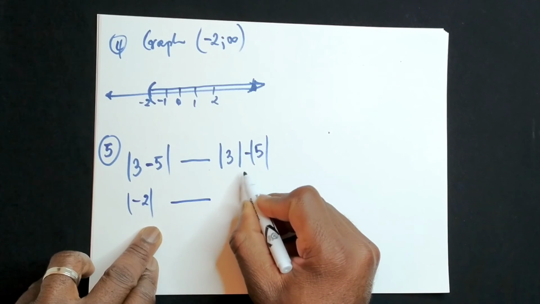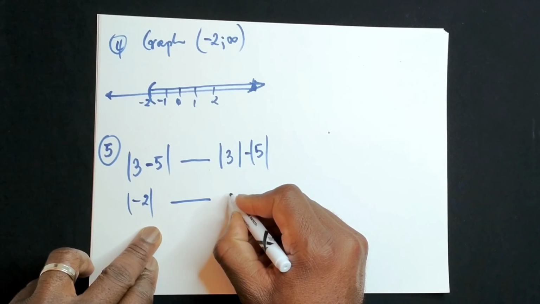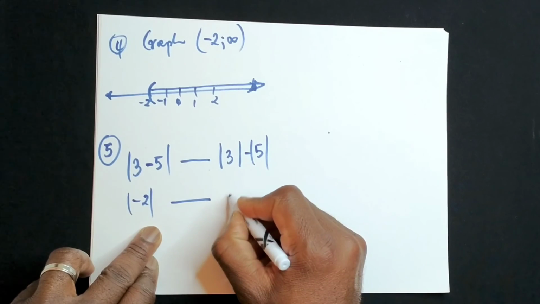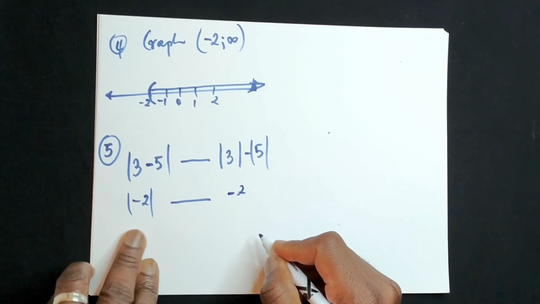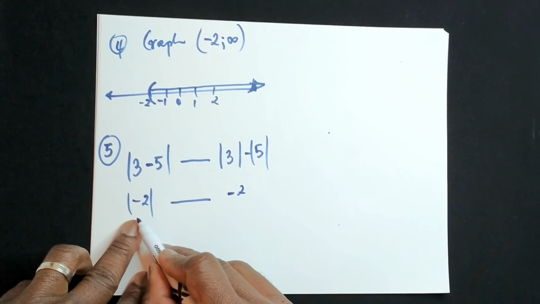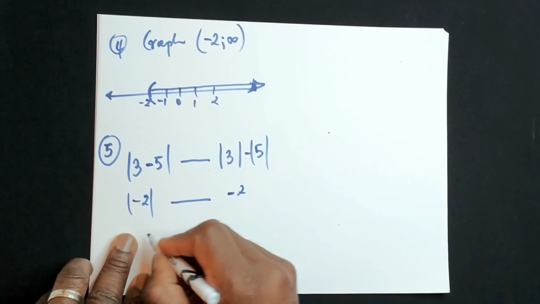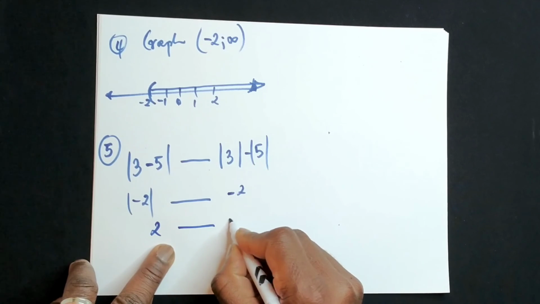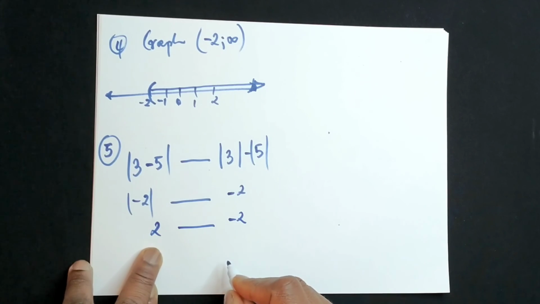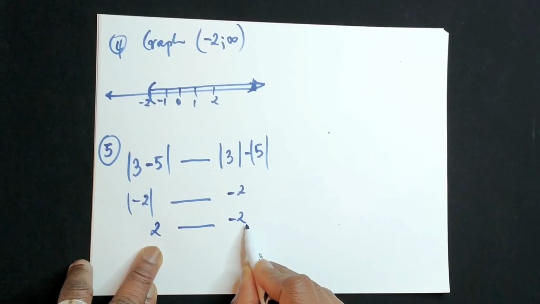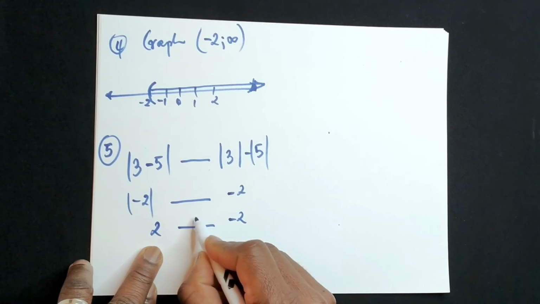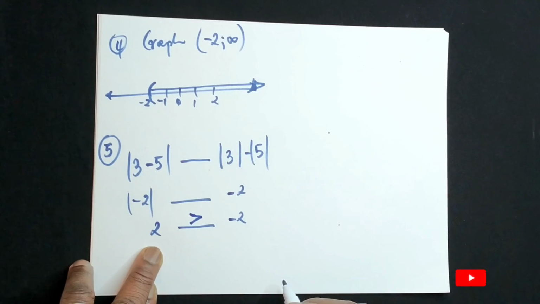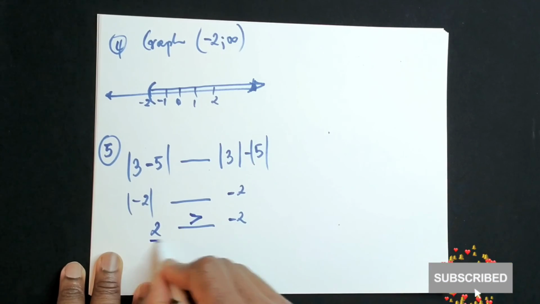It gives us minus 2. So absolute value of 2 will give us 2, and what 2? Negative 2. So we know 2 is bigger than negative 2, and the sign will be greater than. That's our final answer.